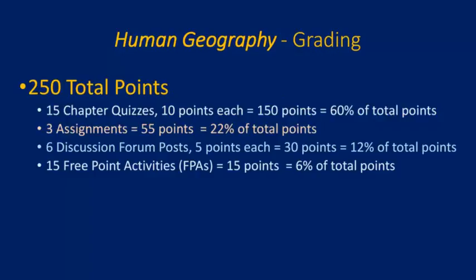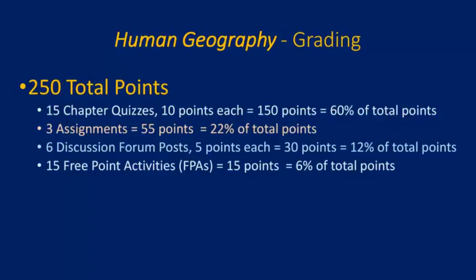So what I do is I add other types of assessments. And so there's 3 different assignments, totaling 55 points, which is 22% of the total points for the course. So 22% of that 250 total.